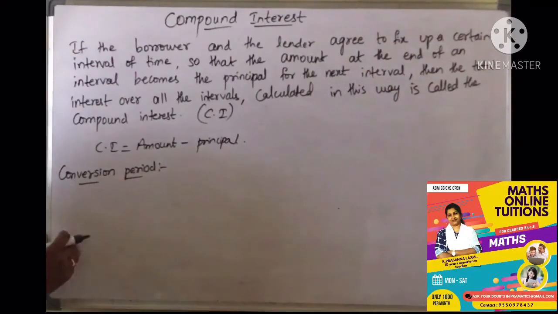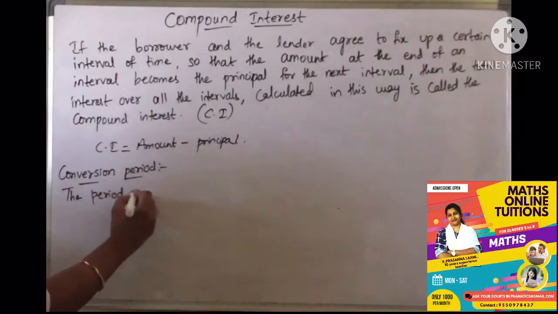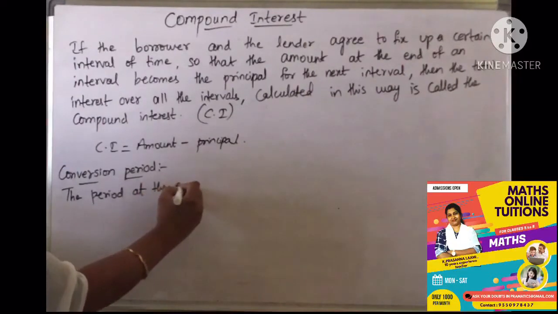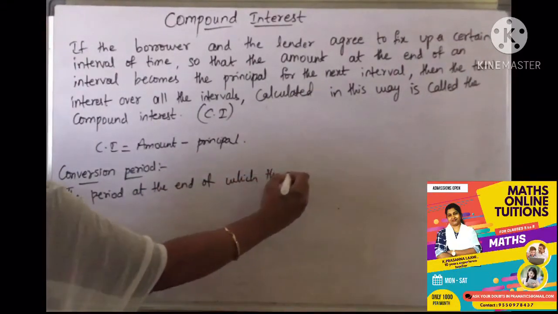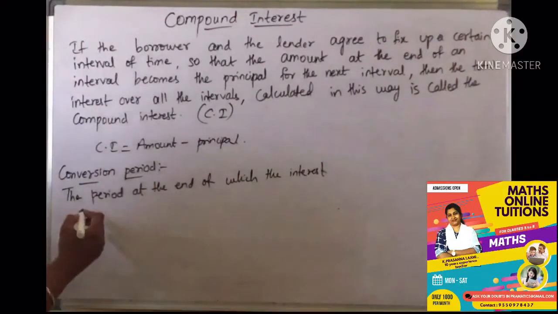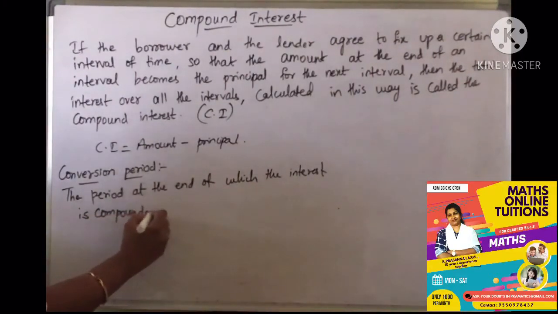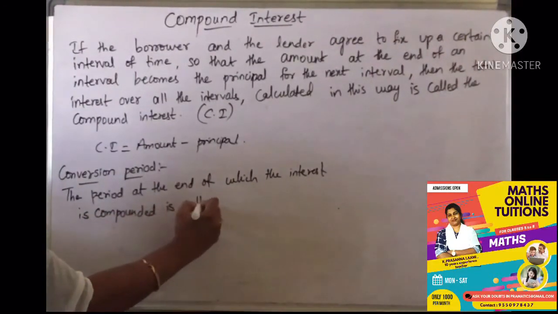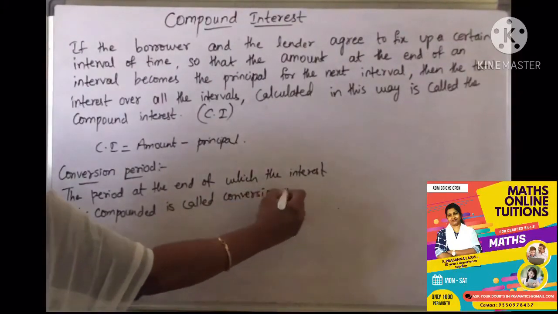So in other words, the period at the end of which the interest is compounded is called the conversion period.